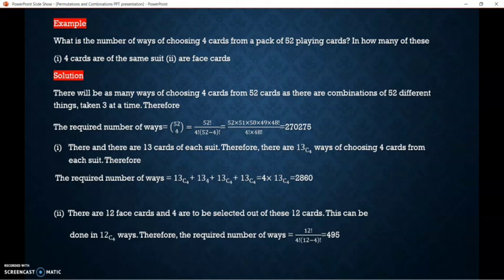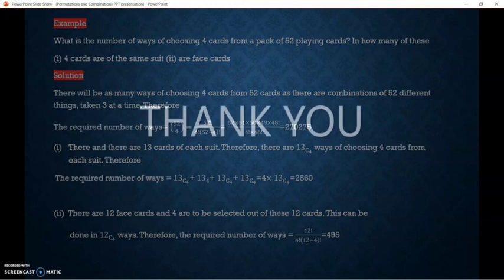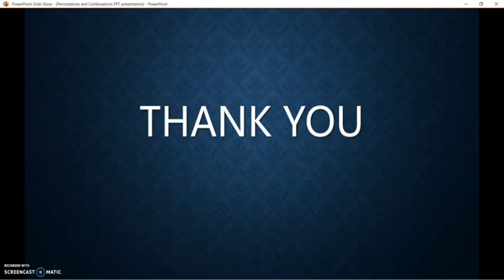And there's no order mentioned in the face cards, right? So in how many ways I can choose four face cards from 12 is exactly 12C4, right? So what is the number of combinations in which these four cards will be all face cards? Exactly 495. So there will be 495 ways I can choose four face cards from 12 face cards. Is this clear? Right. So that's what we have in this kind of permutations.